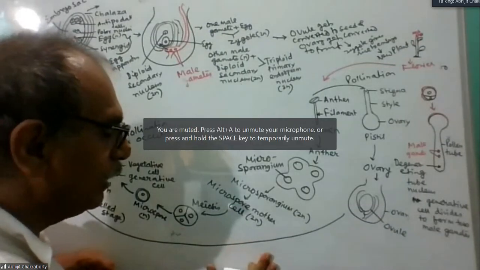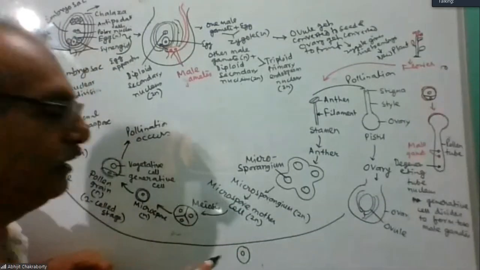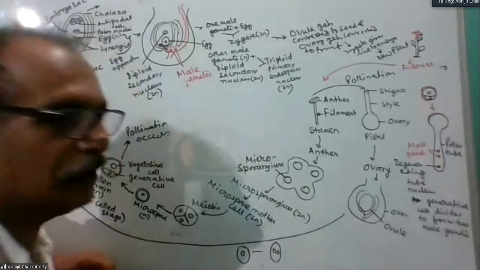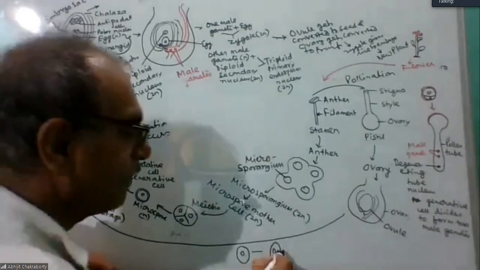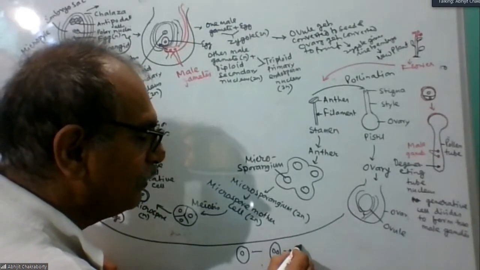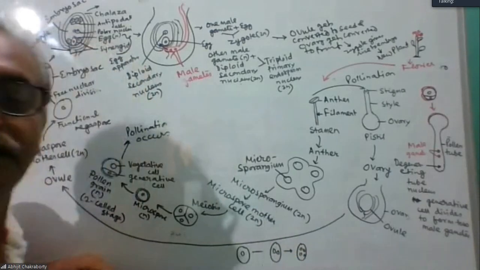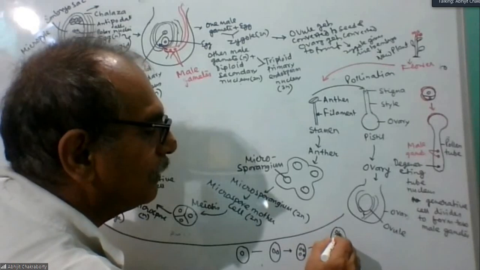After the first division, the single nucleus becomes two nuclei but no cytokinesis occurs, so the cell number remains the same. Then again nuclear division, four nuclei form. Again nuclear division, you will get 8 nuclei.